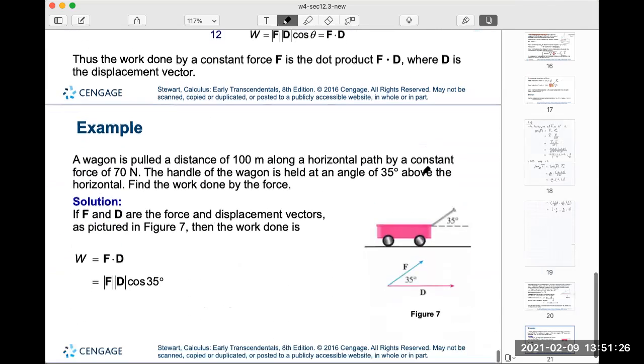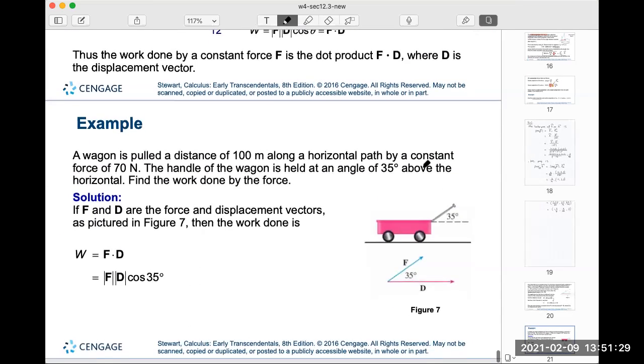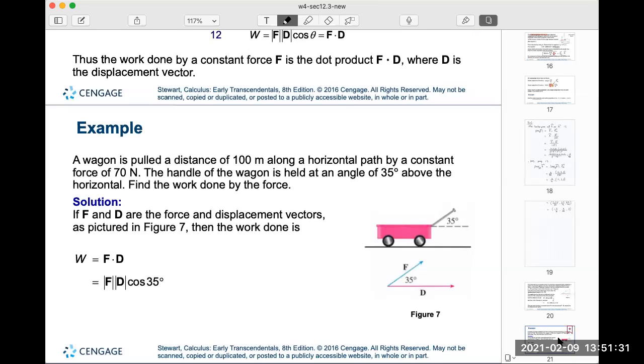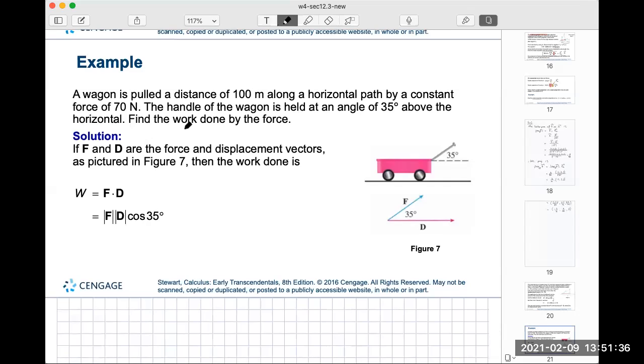So, an example here. If we walk in this pool, a distance about 100 meters, along the horizontal path by a constant force F here, the handle of the wagon is held at the angle 35 degrees above the horizontal. So the question is, find the work done by force here.